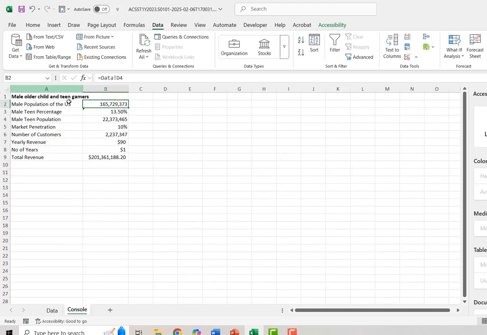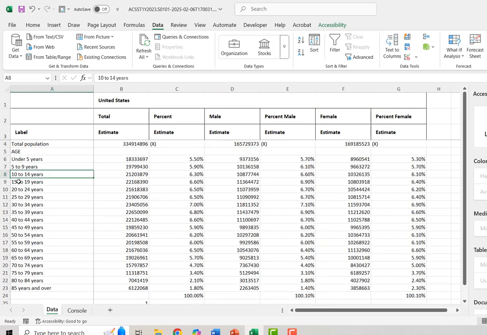Now then, the proportion that's in the teens, and I used a very broad definition here. I basically took anybody in the 10 to 14 and the 15 to 19 age groups. These are the sort of people who are going to be playing online games with their friends. We want to get an idea of this segment.